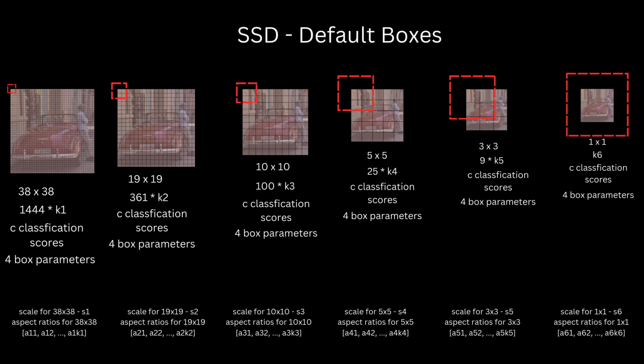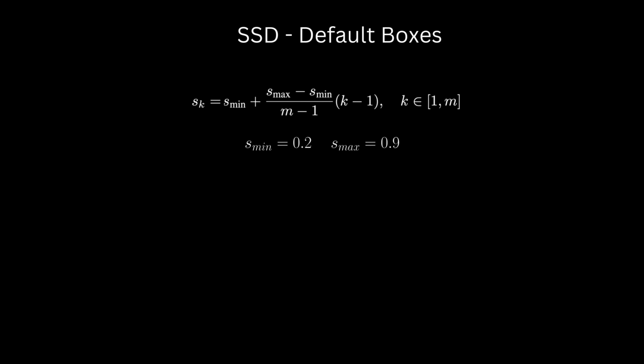In the paper, the authors provide the formulation they use for computing the scales for all feature maps. Specifically, the scale of the default box to be used for feature map K is computed like this, where M is the total number of feature maps, Smin equals 0.2 and Smax equals 0.9.